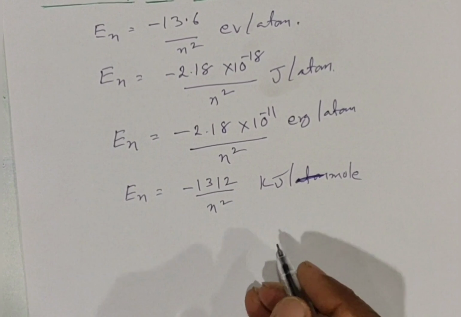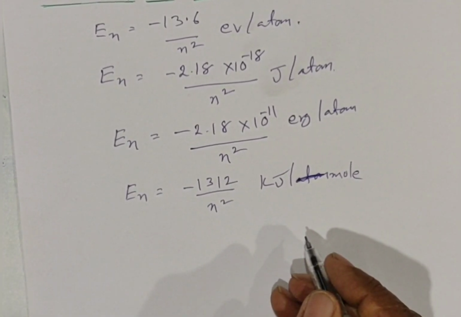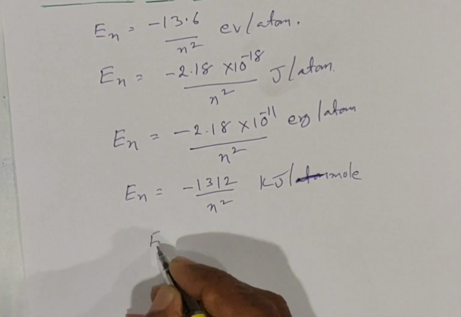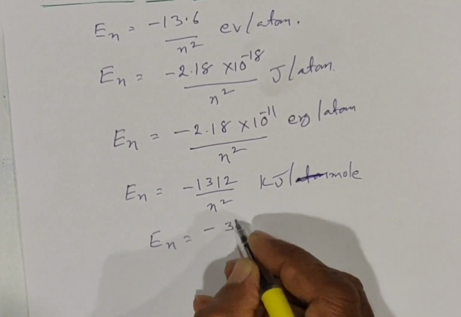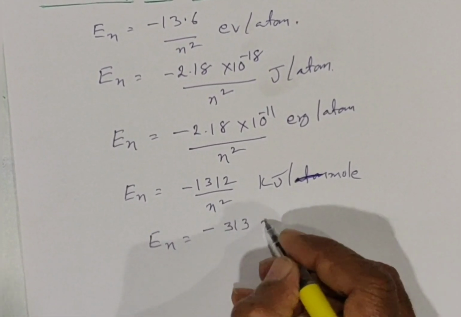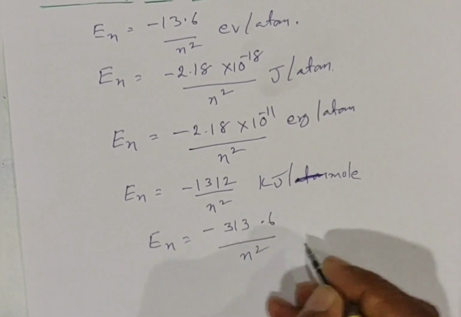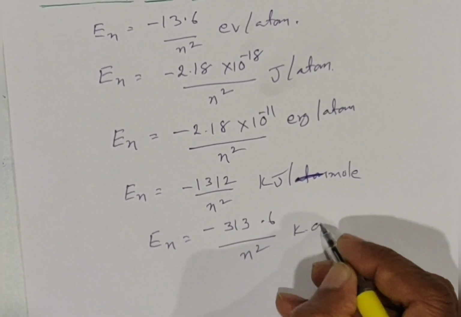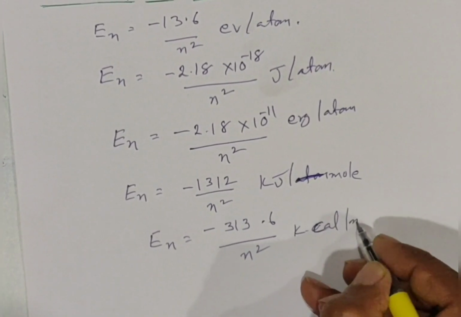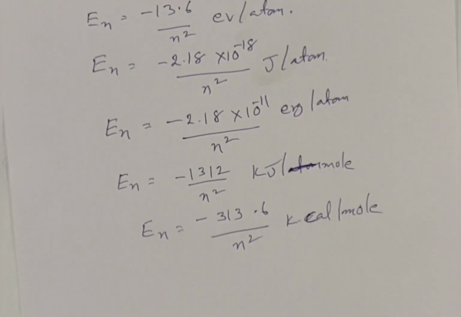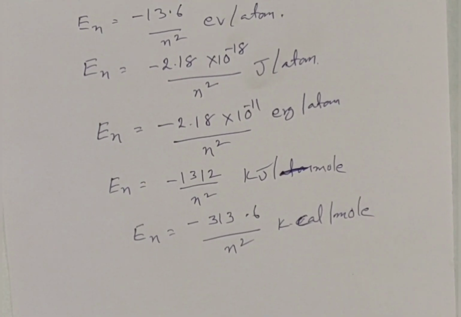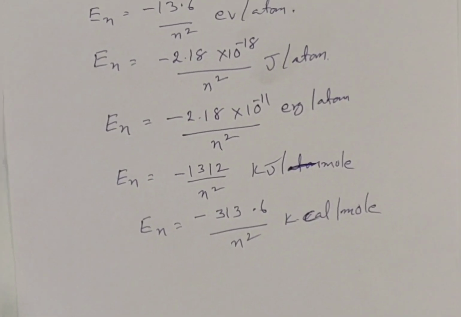If we calculate in kilocalories, then En is equal to minus 313.6 by n square kilocalories per mole. This mathematical expression is used. So these are very, very important. You must and should remember.